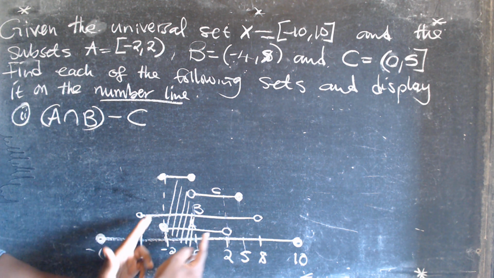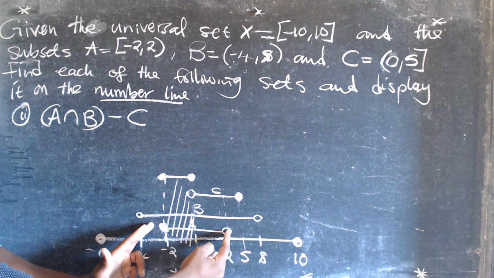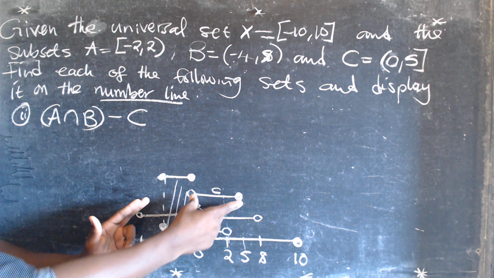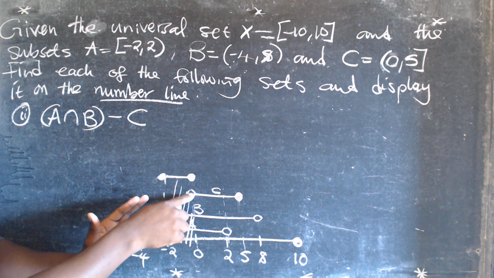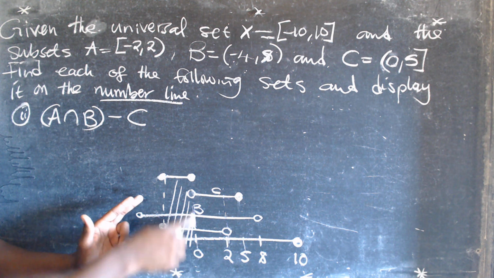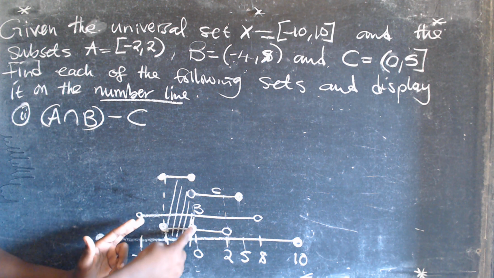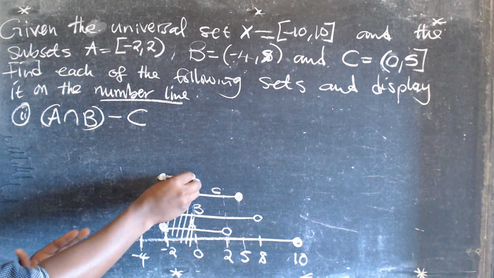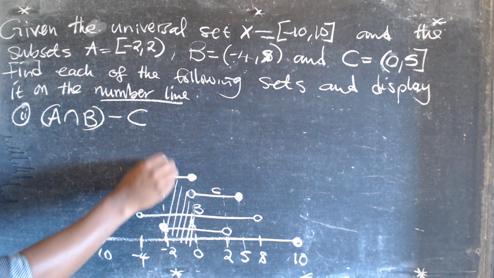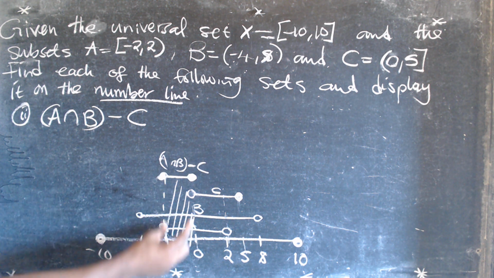Since we are removing C from A intersection B, and A intersection B is this one here, which is the same as A. Now we remove C. So if I'm removing all the elements that are in C from A, and we have observed that this is open, which means that this 0 is not in C. If 0 is not in C, it was not removed from this A, so it remained. That's why we're showing the shading there. And this here is A intersection B minus C, the one that we have shown here.